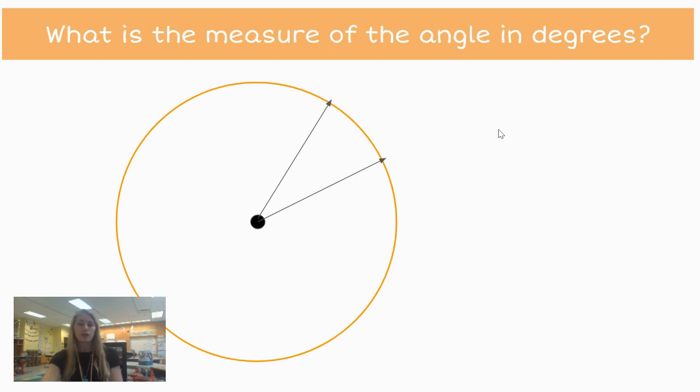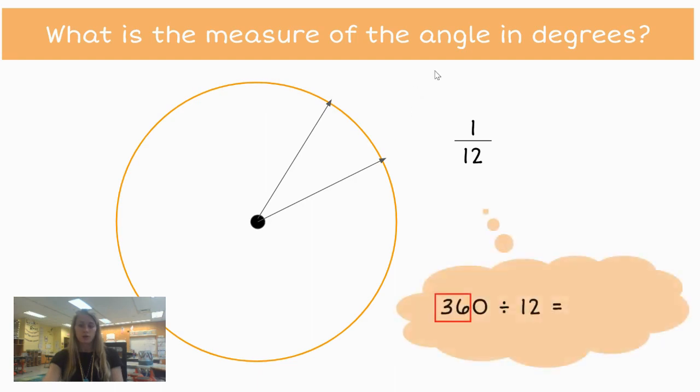What is the measure of the angle in degrees? So let's see, we can look at this, and knowing our knowledge from 11.1 that this is a part of a circle, 1/12, we can know that the circle is 360 degrees, and to find just a part of it, we'd have to divide by 12.